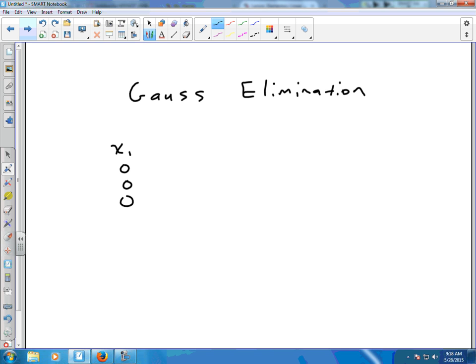So basically no x of 1's in any of the other equations. Then whatever our next pivot is, we want all zeros underneath it. Whatever our next pivot is, we want zeros underneath it.